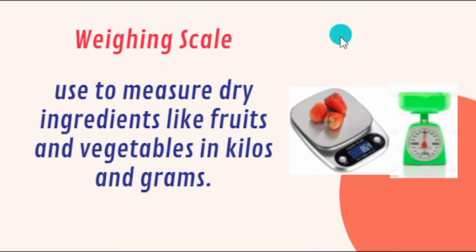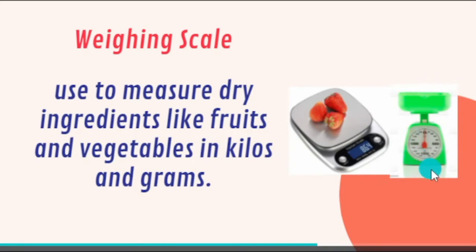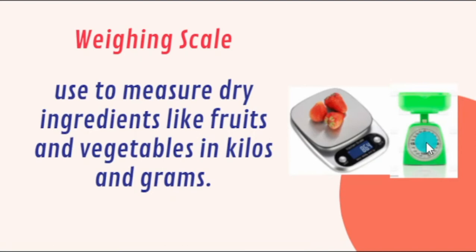Now for the weighing scale, we have 2 kinds: the digital one and the manual one. For the manual scales, we have the hands over here, and you just put the things you're going to weigh here.